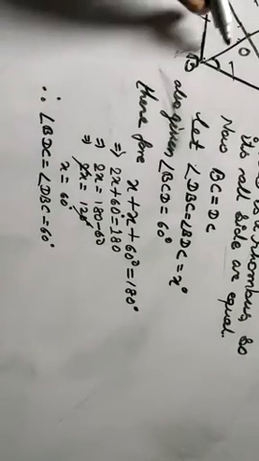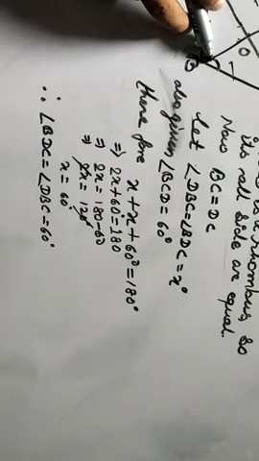If this angle and this angle are 60 degree, and this angle is also 60 degree, then triangle BCD is an equilateral triangle.